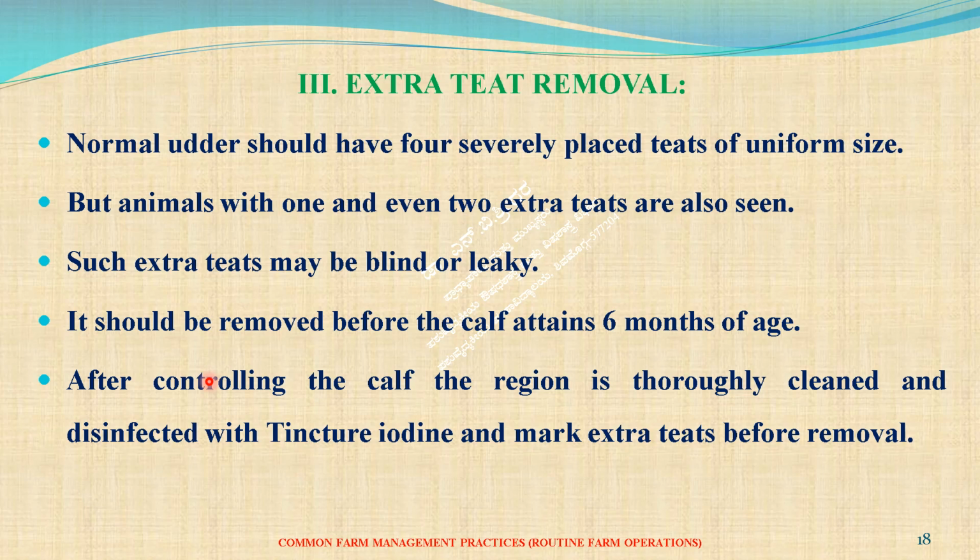Sometimes animals with one or even two extra teeth are seen. They are called vestigial teeth, and such extra teeth may be blind or leaky sometimes. We remove them because they may cause infection, as bacteria may enter that cavity and form a pus pouch.